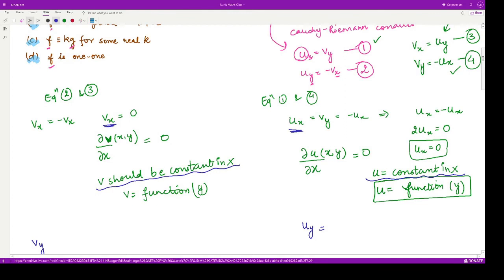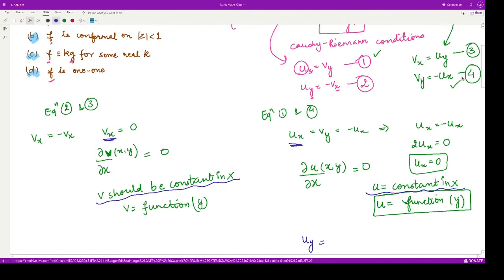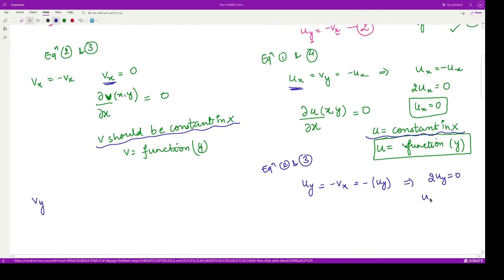Again, we can use equation 2 and 3. So if we use equation 2 and 3, from there uy is equal to minus vx, and we know vx is equal to uy. So again we would have something like 2uy is equal to 0, and again uy is equal to 0.